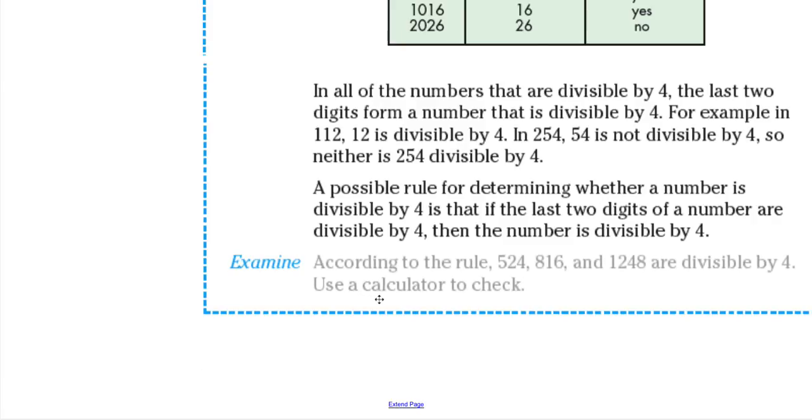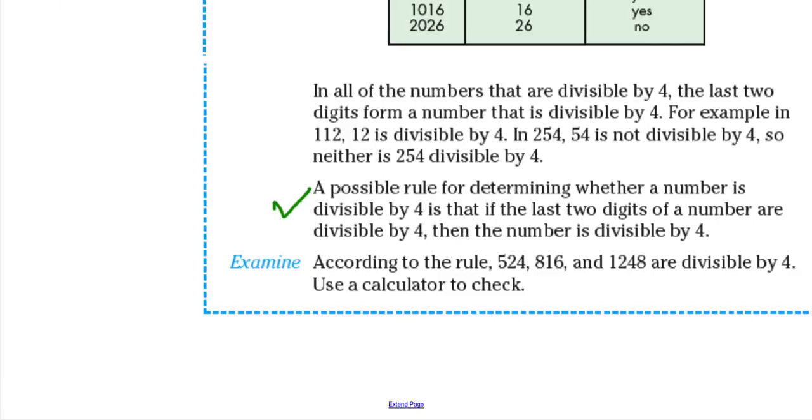And let's conclude then, according to the rule, 524, 816 and 1248 are all divisible by 4. Okay, because by using a calculator, we can check that our conclusion here is correct. That if a number's last two digits is divisible by 4, the entire number is divisible by 4.